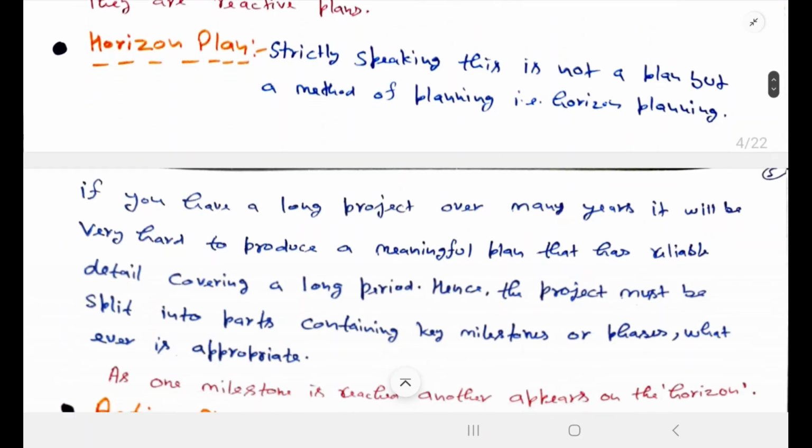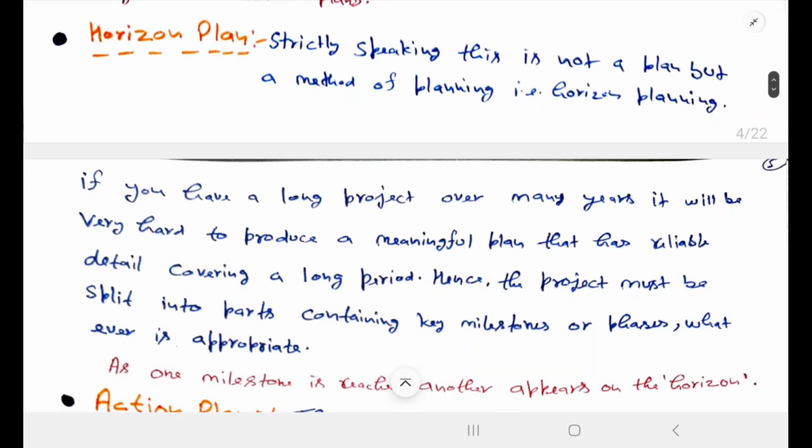Our next plan is the horizon plan. Strictly speaking, this is not a plan but a method of planning, named horizon planning. If you have a long project over many years, it will be very hard to produce a meaningful plan that has reliable detail covering a long period.